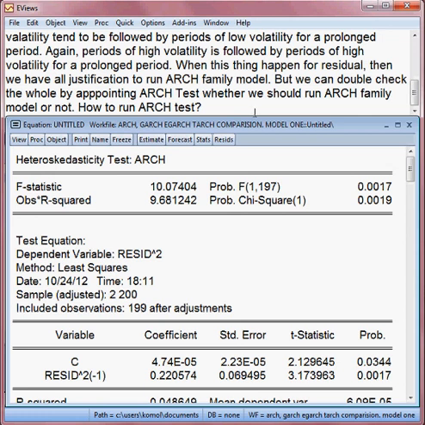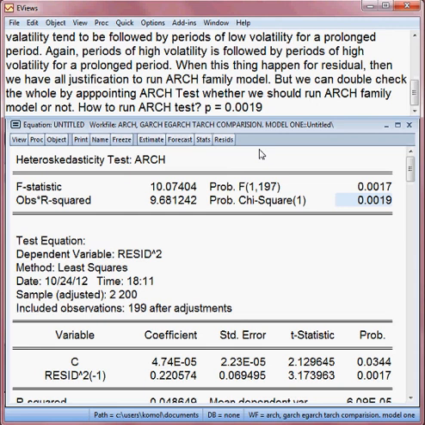You can see from here the observed R-squared, right, and the corresponding p-value. How much is the p-value? It is around 0.0019, right?